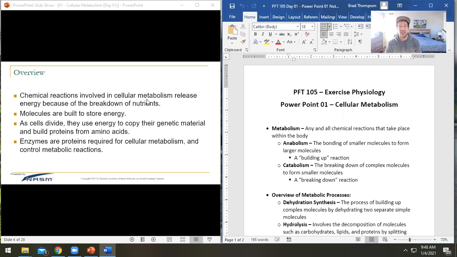We want to understand that it's all of these chemical reactions. As your cells are dividing and copying and making new versions of themselves, they have to build that from proteins. And so we have to be able to take proteins and assemble them together. Unfortunately, it is not as simple as you do a bunch of push-ups, damage your chest muscles, and your body's like, well, we need to make more chest muscle.